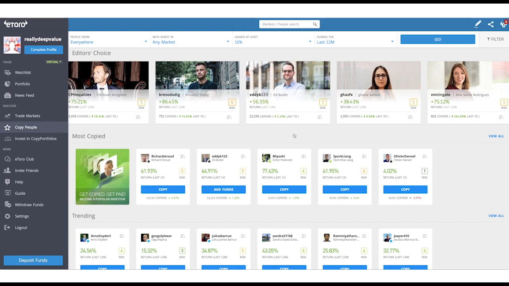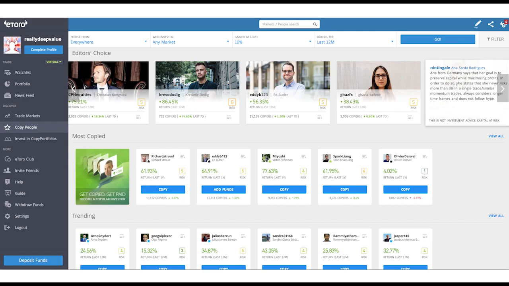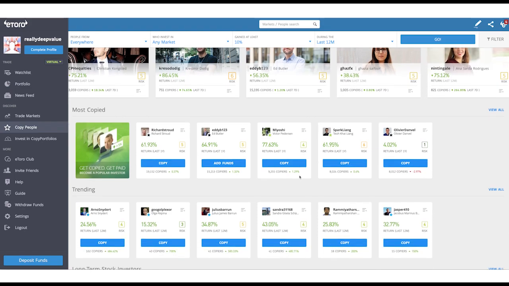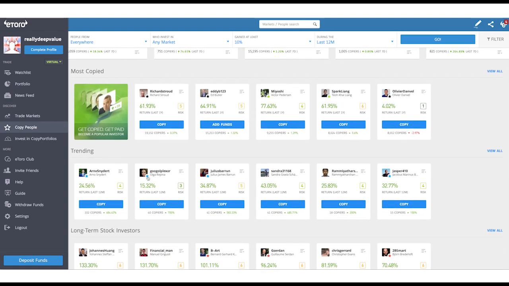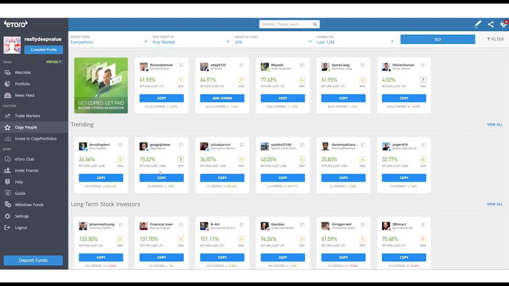So just hovering over these cards brings up some details about each of the traders. Anna from Germany, and her goal is to preserve capital while maximizing profits, which is a laudable goal. And you see some more persons to copy.